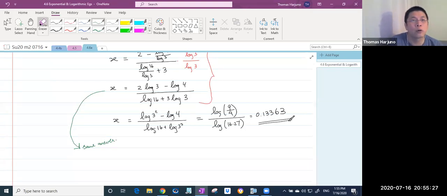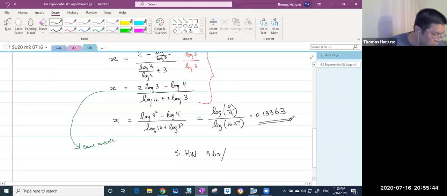Okay, suggested homework from here. Again, I don't want you to do 4.4b to 4.6a between today and tomorrow. Do it during the break, during the weekend. But I would like you to do number 1 to number, let's see, which question.